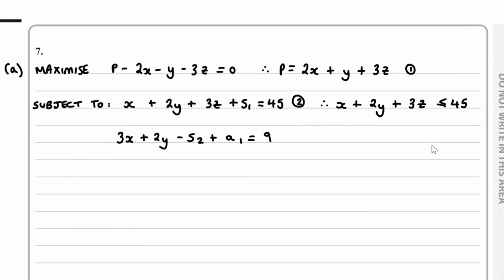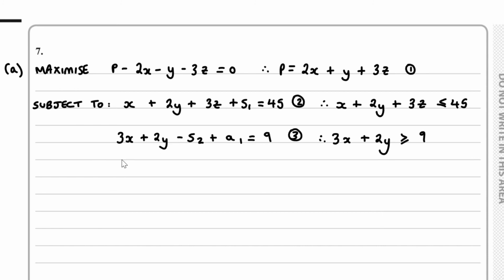So we'll call this equation 3, and because we have to write this as an inequality, we've got 3x plus 2y, and because we've got a minus slack plus an artificial, this will be a greater than or equal to inequality. So we've got 3x plus 2y being greater or equal to 9.